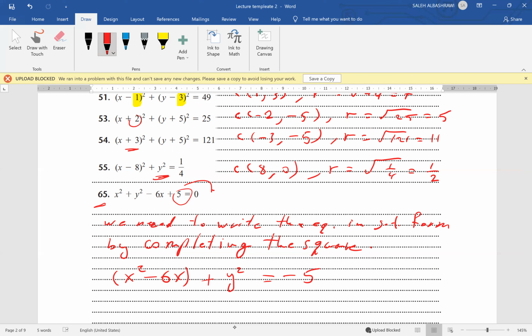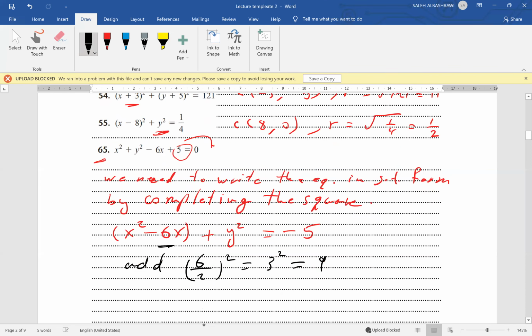Now to complete the square for x, I will take the coefficient of x, which is minus 6. I'm going to add 6 divided by 2 and square it. So it is 3 to the power 2, equal to 9. So I'm going to add 9 to this bracket.